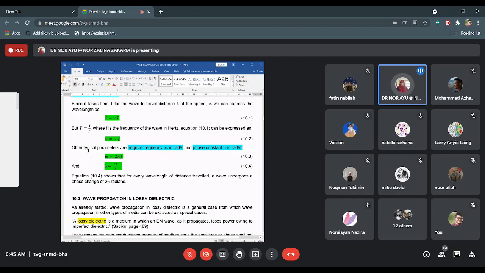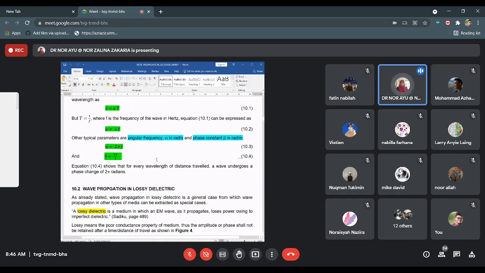All right, and then we have omega, which is the angular frequency in the unit of radians per second, which is 2 pi f. And then also we have the phase constant beta in radians per meter. Okay, and this is the equation for beta, where we have 2 pi over lambda.